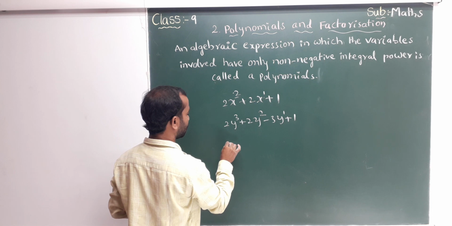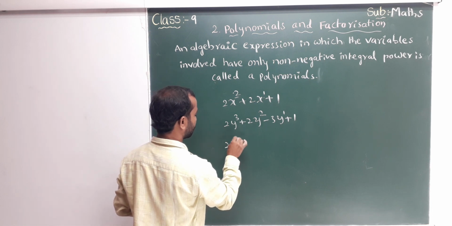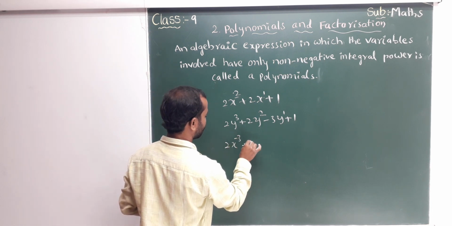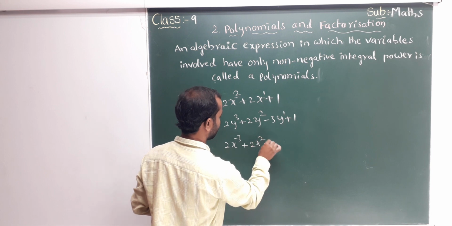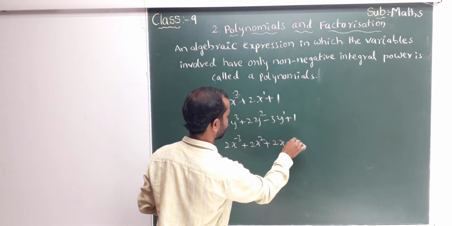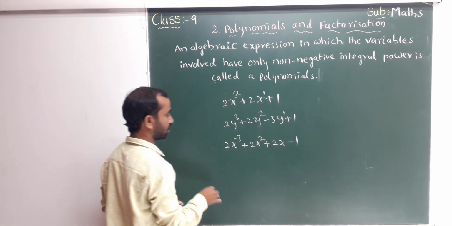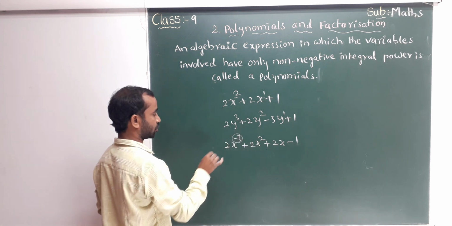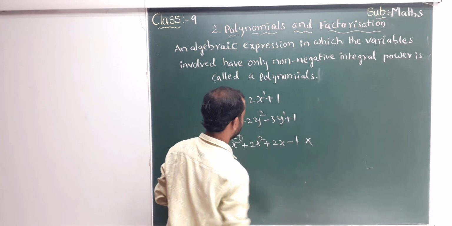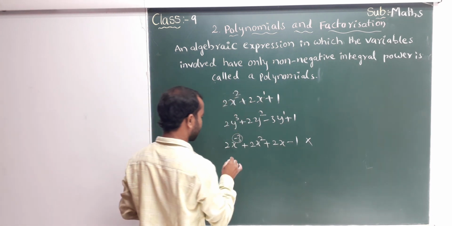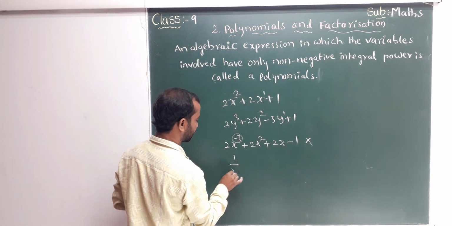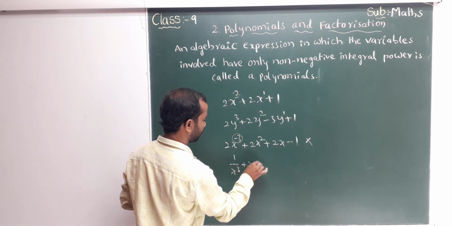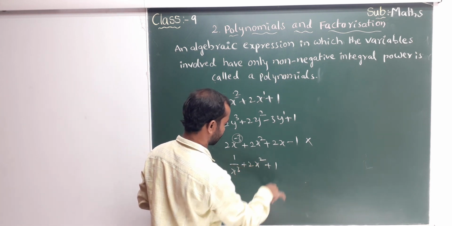For example, 2x to the power of minus 3 plus 2x square minus 1. Here the x power is a negative integer, so this is not a polynomial. Next, 1 by x cube minus 2x square plus 1.